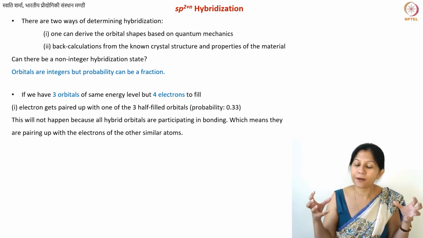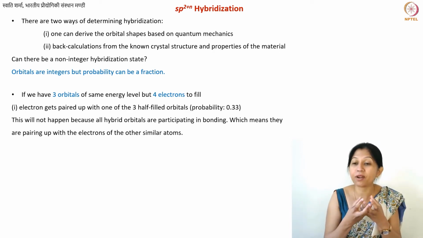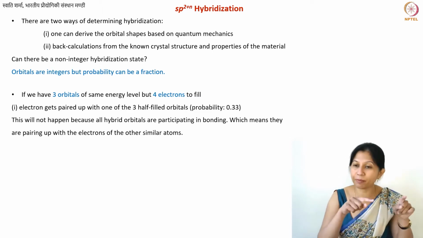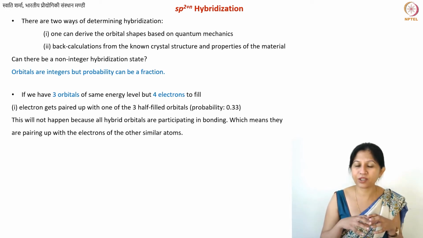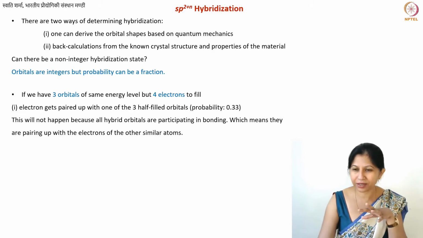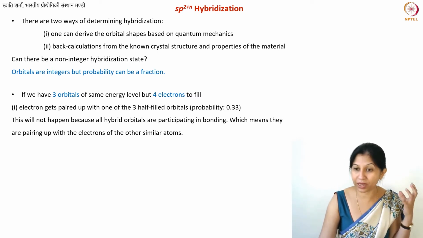So let's say these 2 atoms will come close together and they will form 3 sigma bonds, and that is how you'll have the pairing up of the electrons in the molecular orbital, which means that the 4th electron cannot go into any of these 3 orbitals anymore. They are completely filled with the paired up electrons.